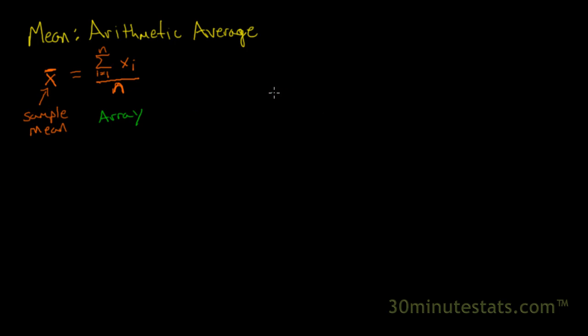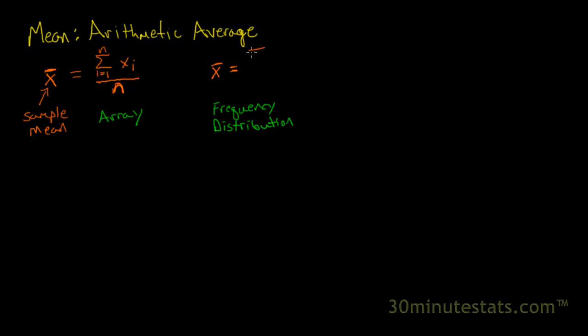Well, we can do the same thing for a frequency distribution. Okay, calculate the mean for a frequency distribution. And we can just change this formula just a little bit so that it's easier to work with a frequency distribution table.